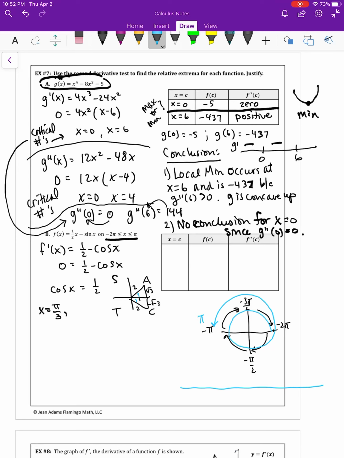It's almost like if you had a number line here going from negative 2 pi, negative 3 pi over 2, negative pi over 2, there's my 0, there's my pi over 2, there's my pi. So you're talking about from negative 2 pi all the way to pi.